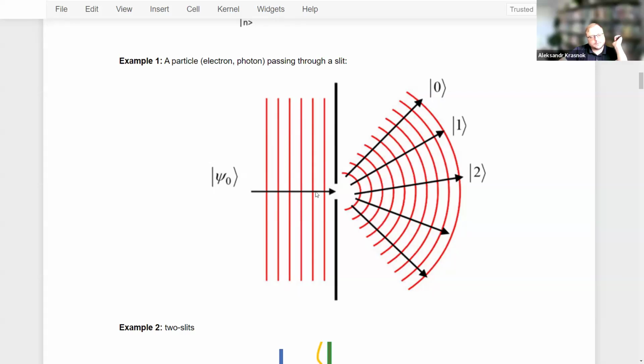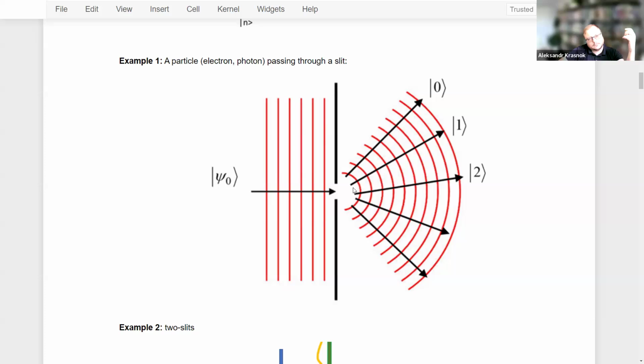This black arrow represents the direction of this propagation, and these red lines give you the front of this wave. And let us assume that this electron meets a single slit in an opaque screen.